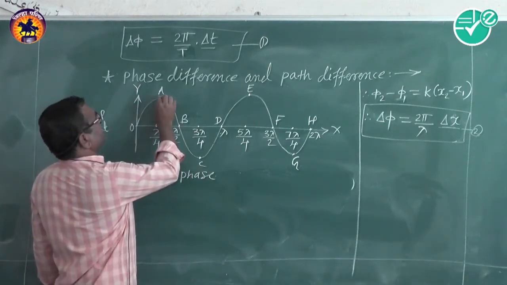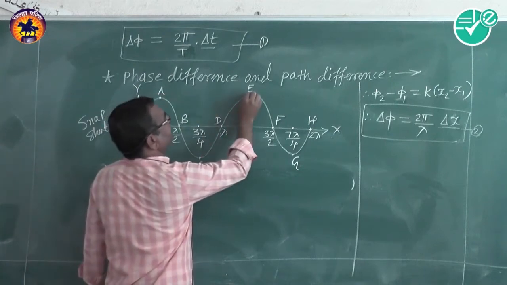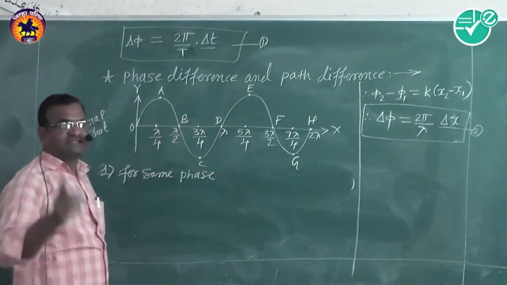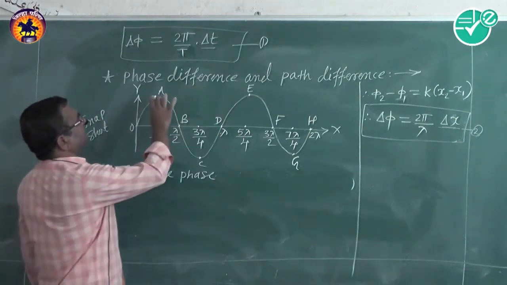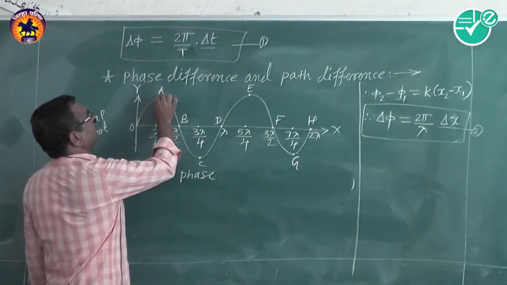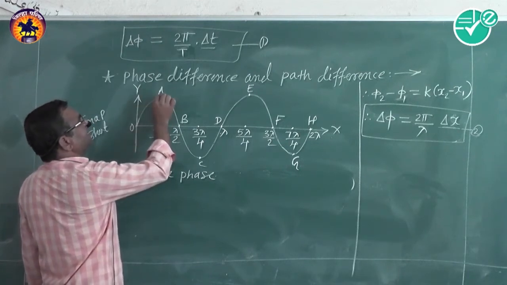consider this particle as A and this particle as E. Then these two particles are said to be in same phase because the particle A is at the extreme position above the x-axis.